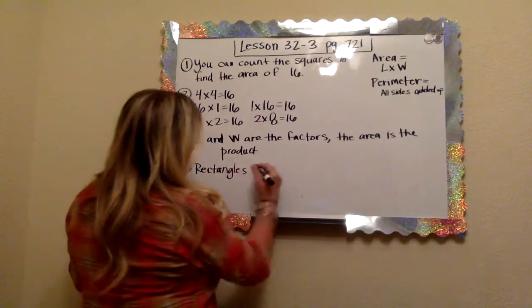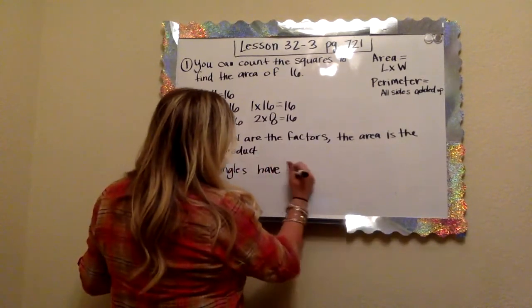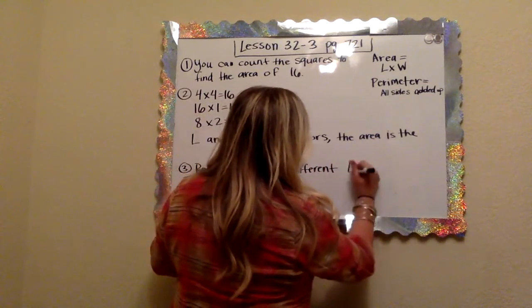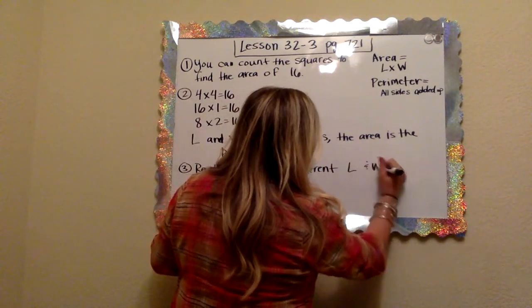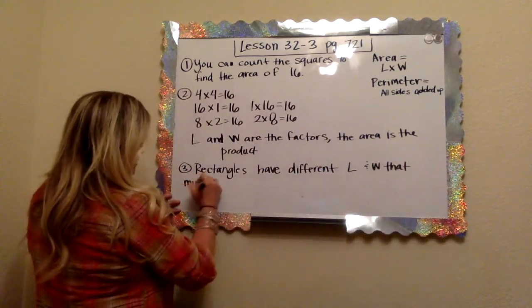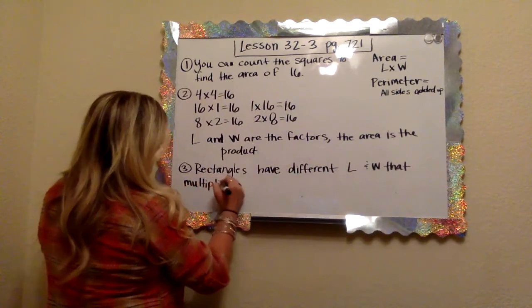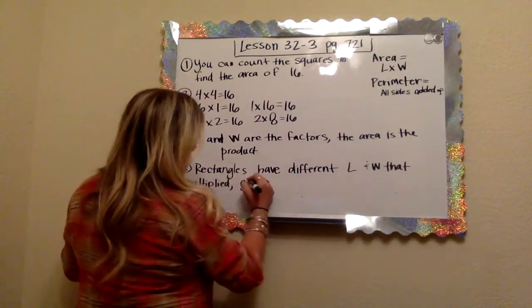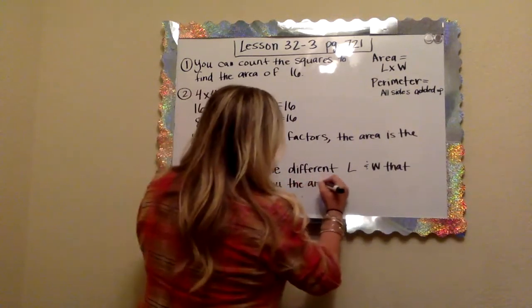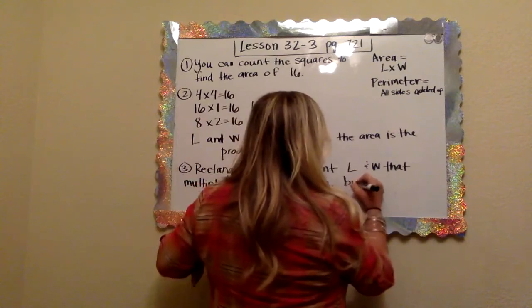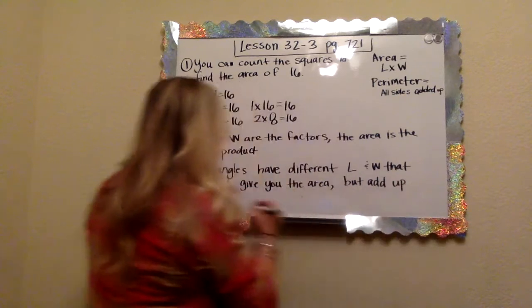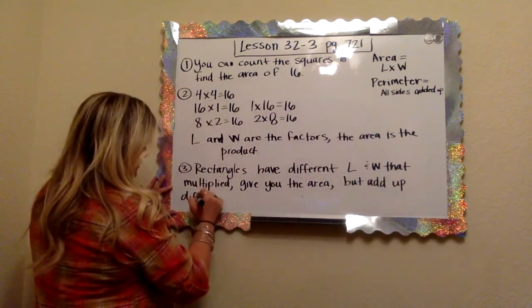Rectangles have lengths and widths that multiply to give you the area, but add up differently.